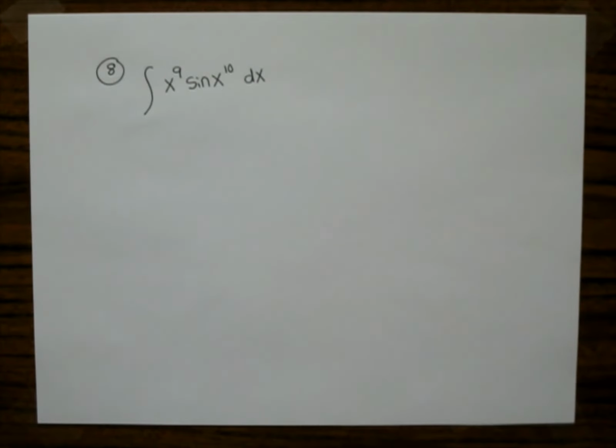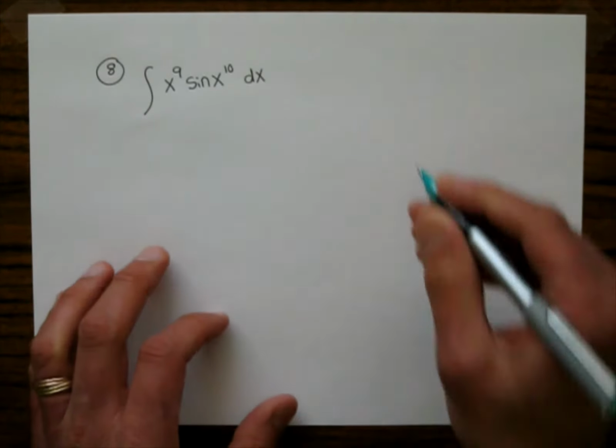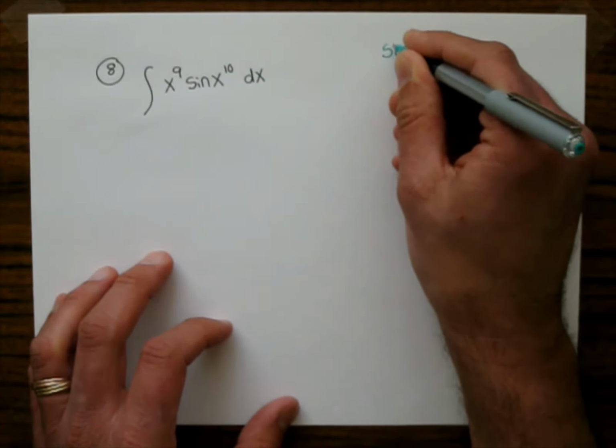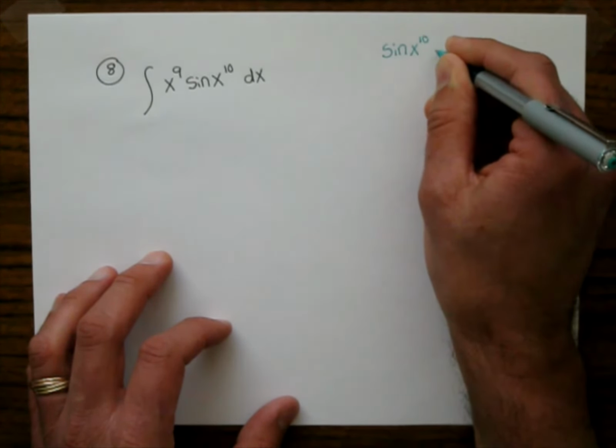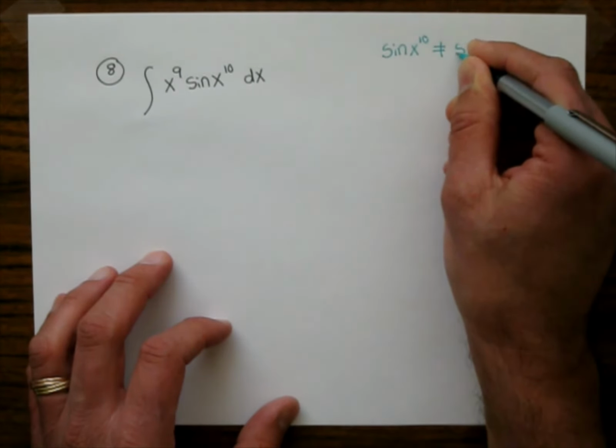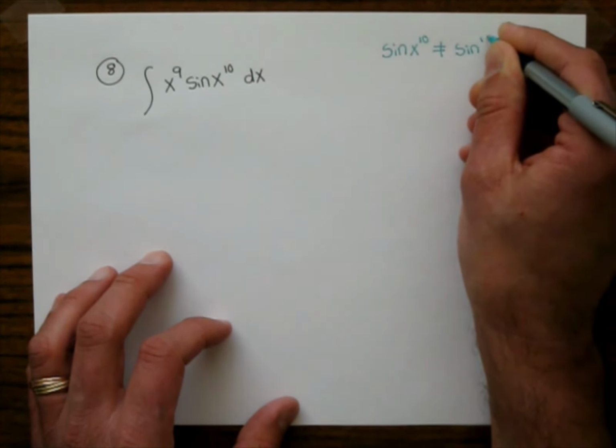Okay, so let's get one thing straight about this right here, because some people are going to get the wrong idea. Sine x to the 10th does not equal sine to the 10th.